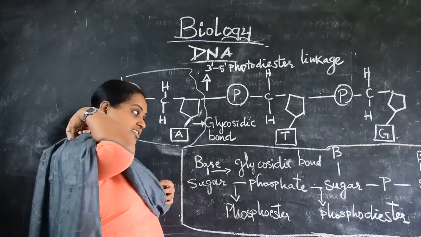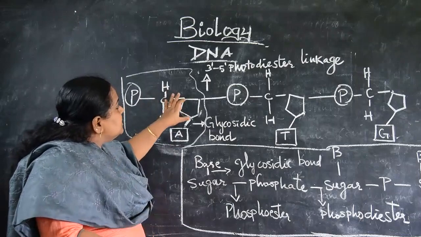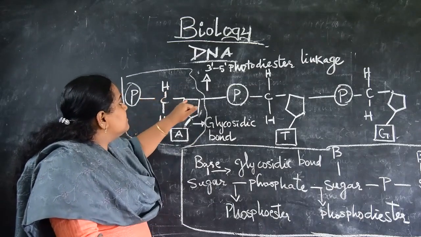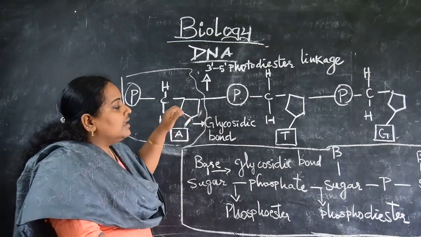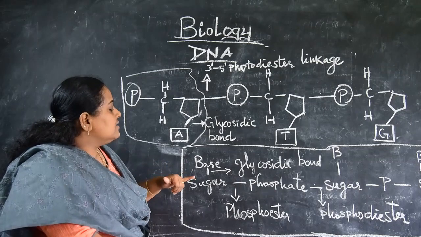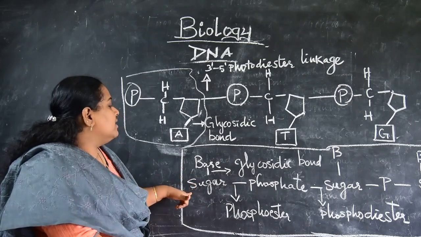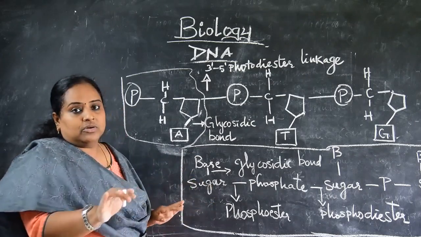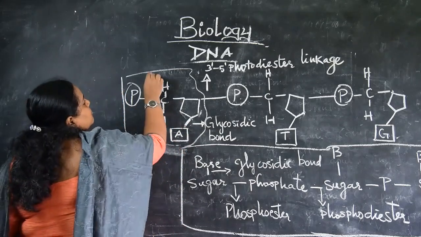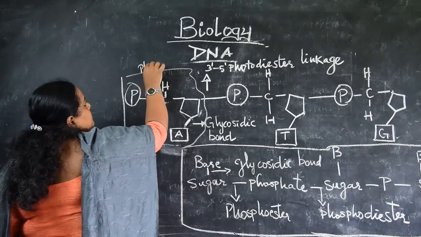And the next one is the phosphate and the sugar. The phosphate is linked to the sugar by a phosphoester bond.